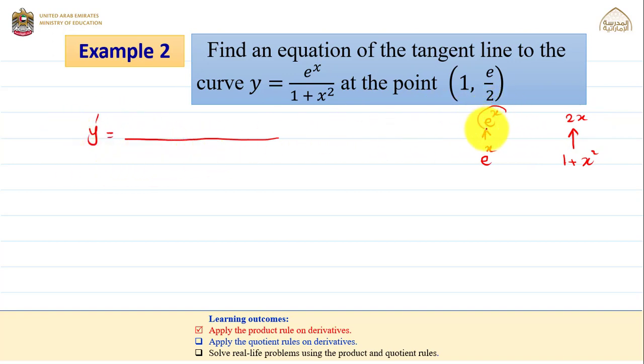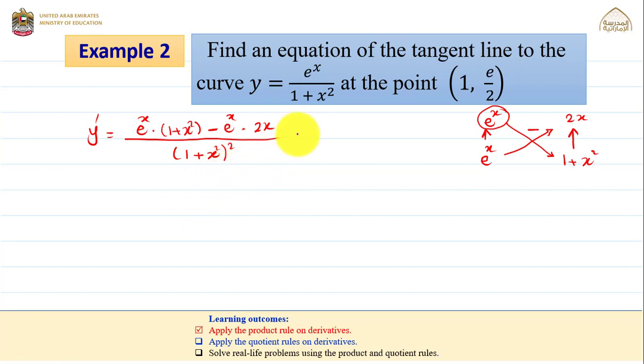Start with the denominator on the left and do the cross multiplication, but in the quotient rule, don't forget the sign between them is negative. Then we have e to the power x times 1 plus x to the power 2, minus e to the power x times 2x, over the denominator squared.